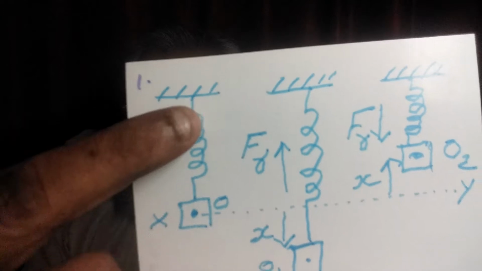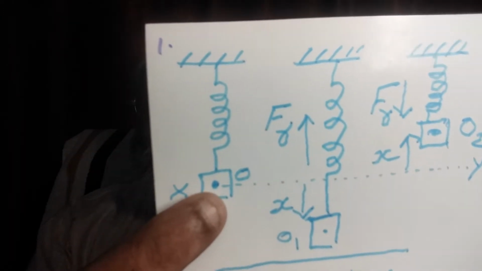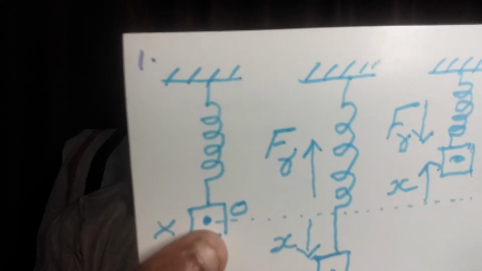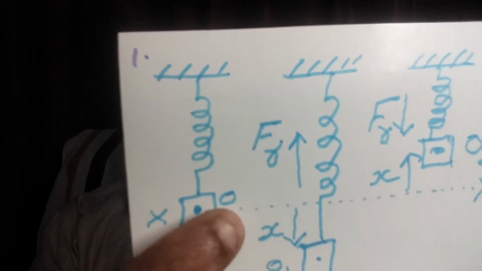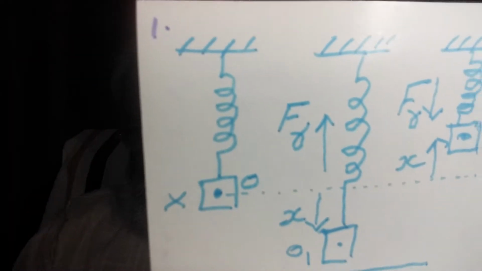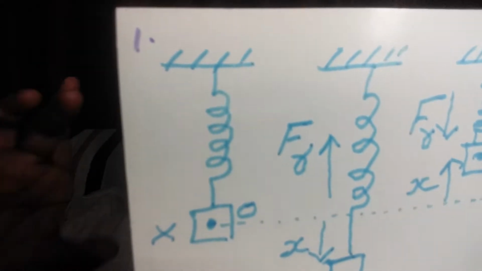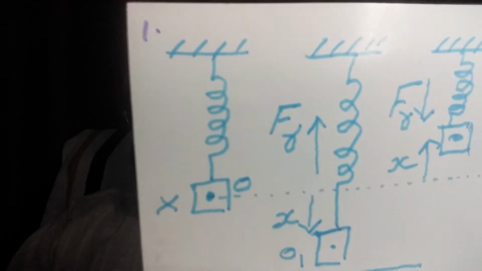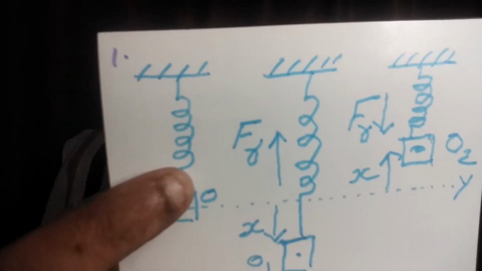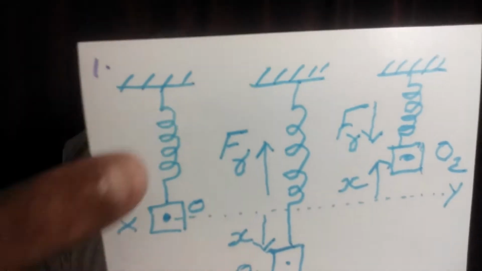This is a helical spring and this is a load of mass m. At O, this block is at rest. Now there is static equilibrium between the weight of the block mg and the restoring force developed in the spring. These two forces cancel each other and the system remains at static equilibrium.